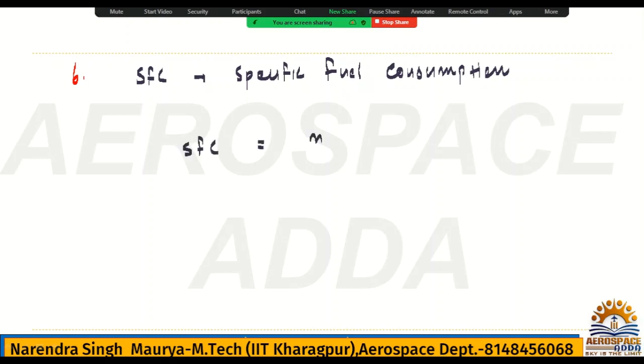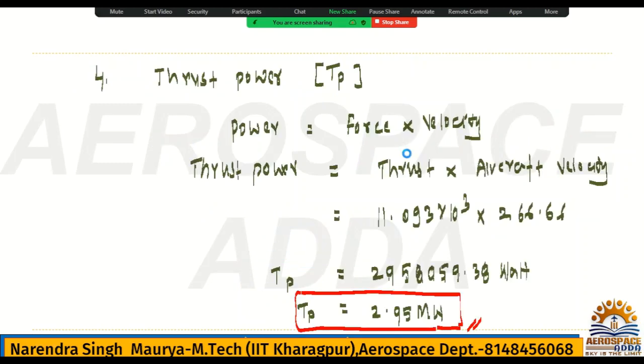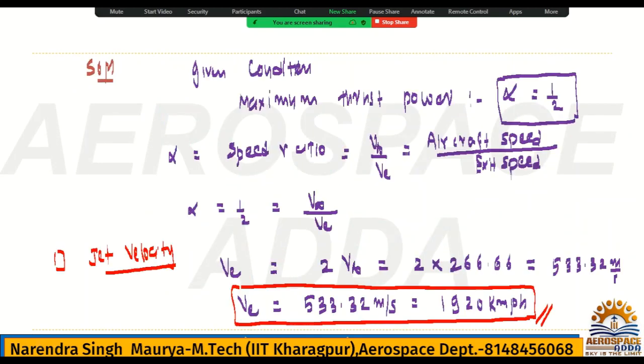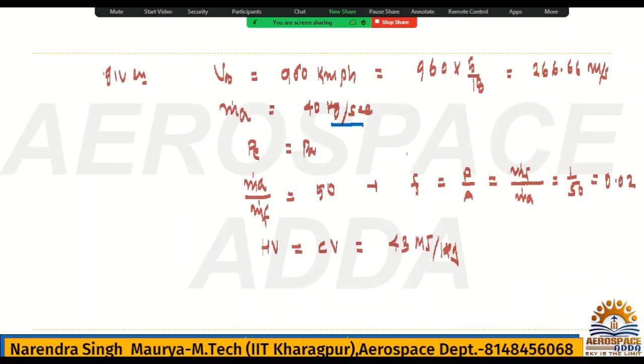It is mass flow rate divided by thrust. Means for the given thrust, what is the fuel mass flow rate? What is the amount of the mass flow rate? We had calculated it, or it is given. We can get m dot f from m dot a by m dot f, which is 50 given, m dot a 40 kg/s. Thrust we already have calculated.